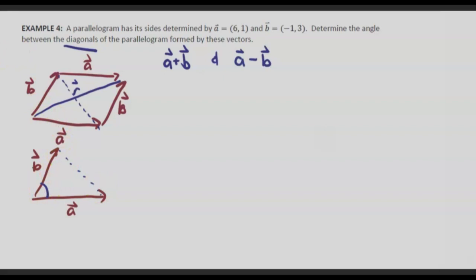Because this is vector A, vector B flips around, so negative vector B, and then we're tip to tail, and then this is going to be the resultant here. Okay, so vector A plus vector B and vector A minus vector B are the two diagonals.